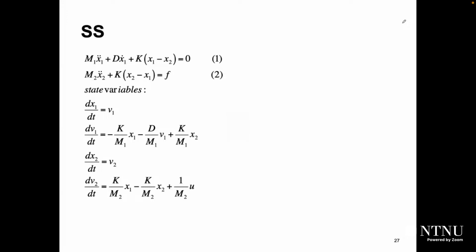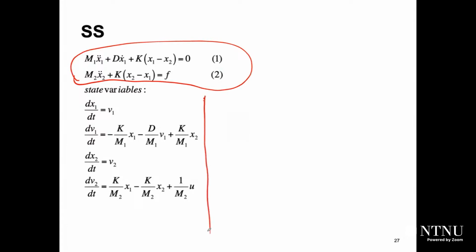Now we need to write the state space representation of my system. We will start from the two differential equations we got, and begin by selecting the state variables. We have x1 and x2, so I will make it simpler, instead of using v1 and something.